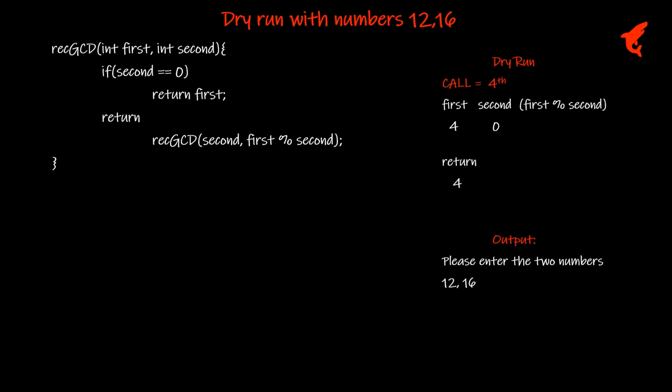So we transfer control back to call number 3. Now the value 4 that was returned is going to replace our recgcd function call here. So this is where the call was made, right?